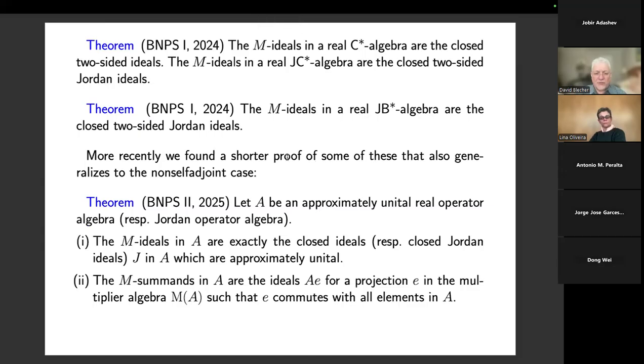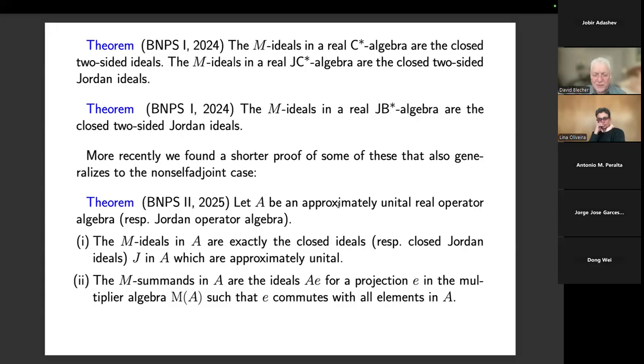More recently, we found a shorter proof of the real C-star algebra result and the real JC star algebra result that also generalizes to the non-self-adjoint case. This result says if you have an approximately unital algebra, which means it has a contractive approximate identity, you have to say a little bit more about what a contractive approximate identity might mean in a Jordan operator algebra.